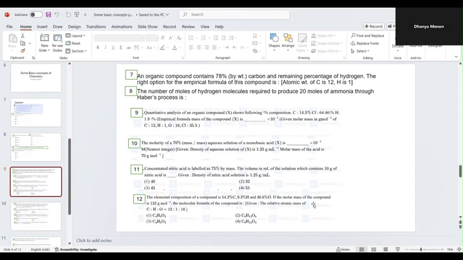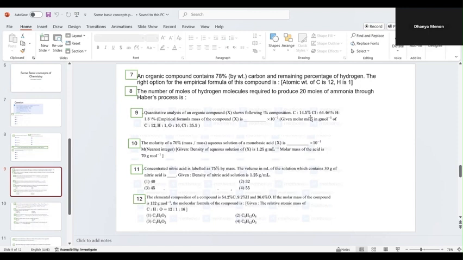So this is 70%. You know what it means: 70 grams of solute in 100 grams of the solution. The density rho is given as 1.25 grams per ml. So this is the information given.